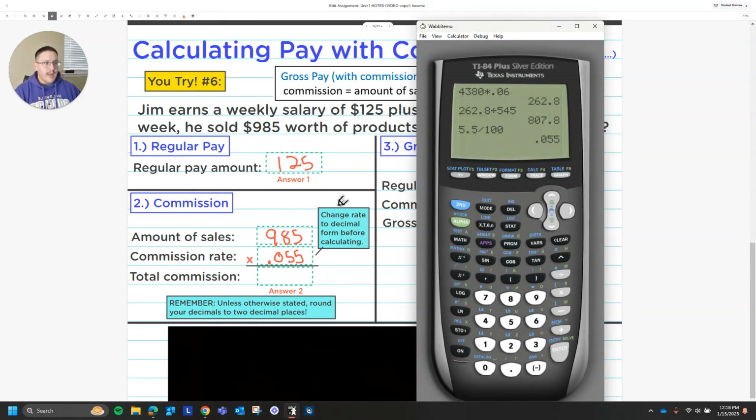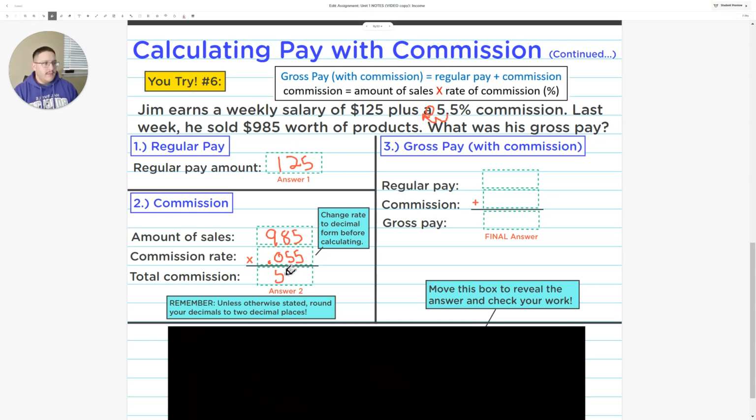Now, multiply those two. So 0.055 times 985. Round to 2 decimal places, we get 54.18. Remember, in terms of money, we always round to 2 decimal places unless we're otherwise told.